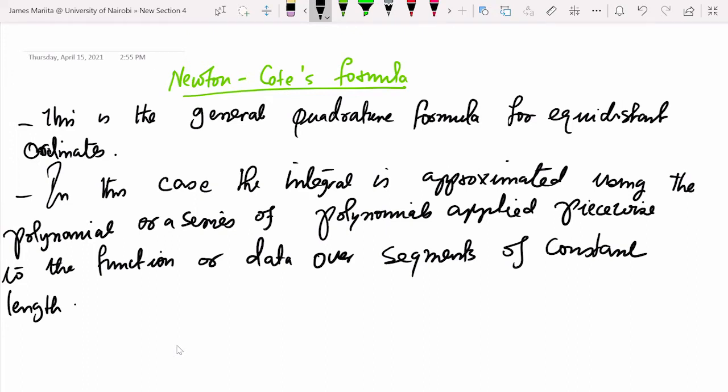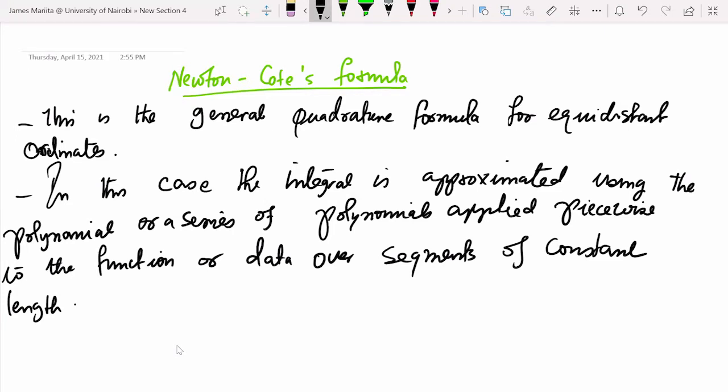But this is the general quadrature formula for the case when the points or the ordinates are of the same length or the same spacing, or when they are equidistant from each other.